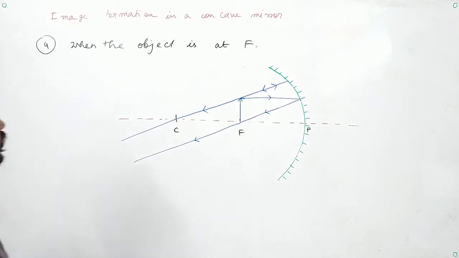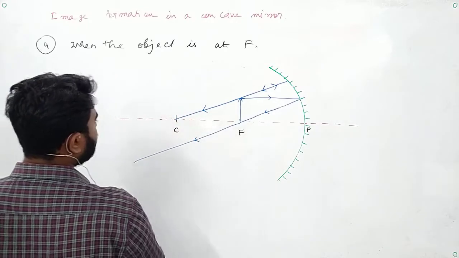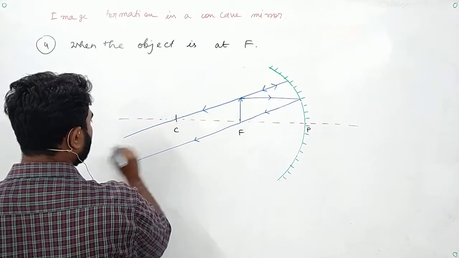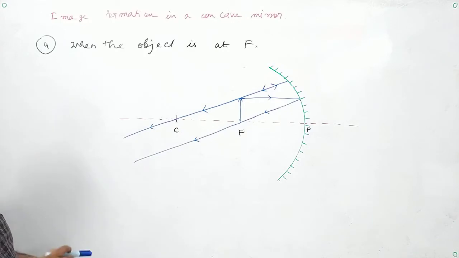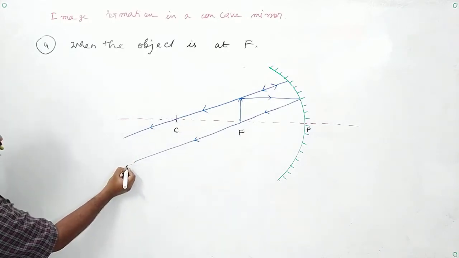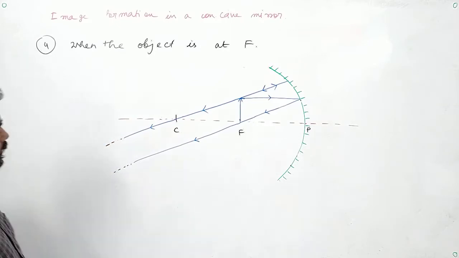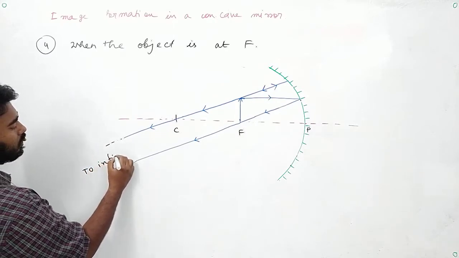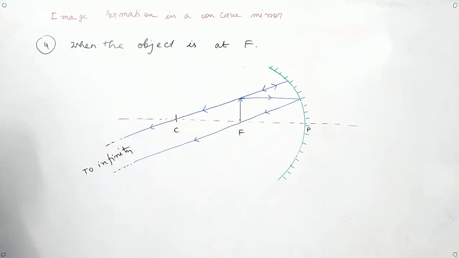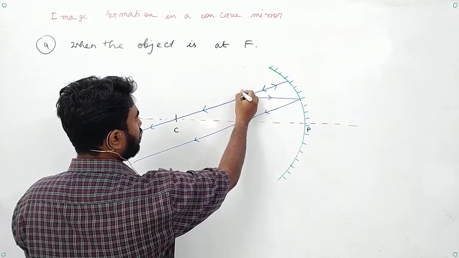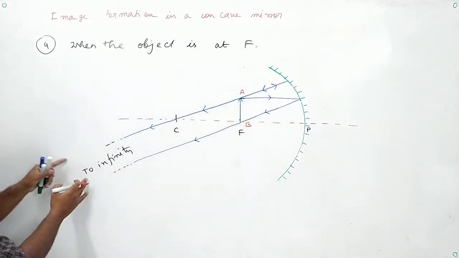Okay. Now, when the rays of light have moved parallel to each other, see, where will the image be formed? They will move to infinity. When the rays of light move parallel to each other, they go to infinity. Now, this is the object AB. Where will the image be?